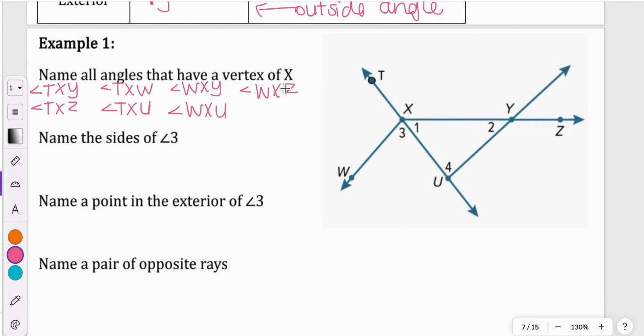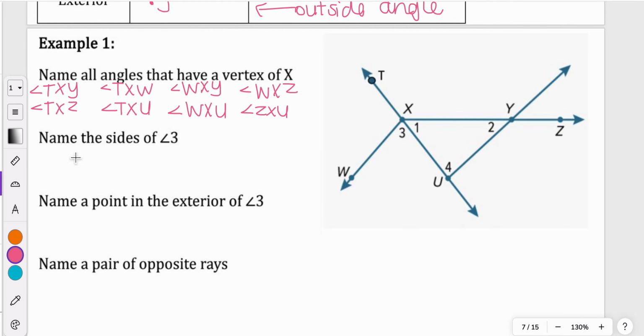So 1, 2, 3, 4, 5. And then from there, you could also just rewrite these backwards. Like ZXU would be a good one to use, or ZXW was already used. So was TXZ. Those are all the ones that have a vertex of X, okay?